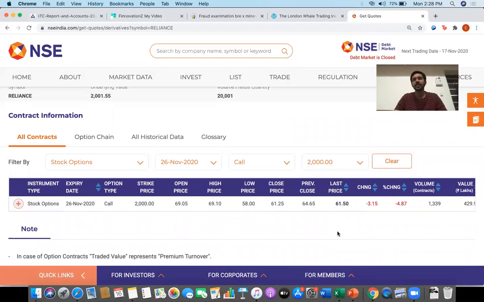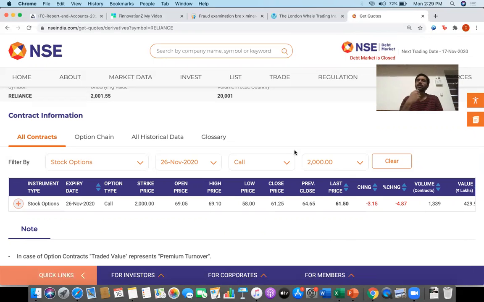All right. So if you actually think, if I want to create a bullish position in Reliance, okay, I expect the share price to go up and I want to benefit out of it. There are two ways of doing it. One, I go to the spot market and buy the share of Reliance. If I want to buy one share of Reliance, I will have to pay 2000 rupees.